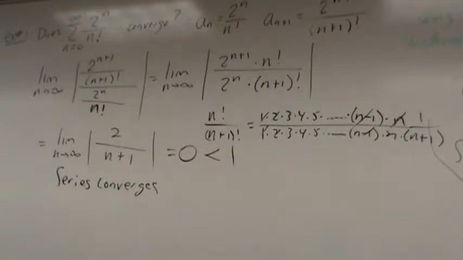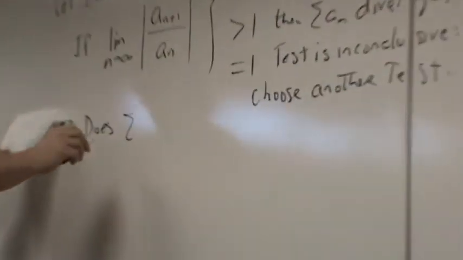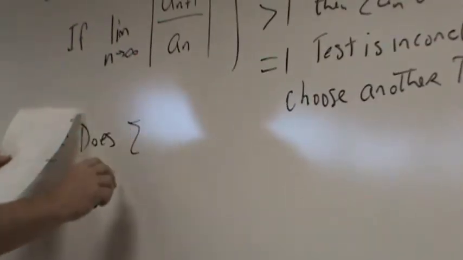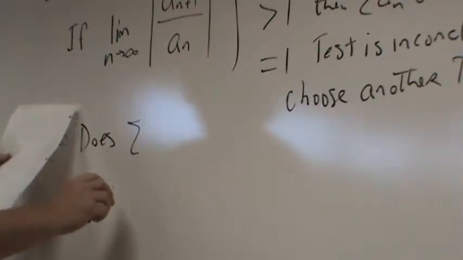You guys ready to do one on your own? Okay, here it comes. Here, you're going to do this one. Example number 2. Does the sum, I'm so sorry, I lost it. Oh, here we go.